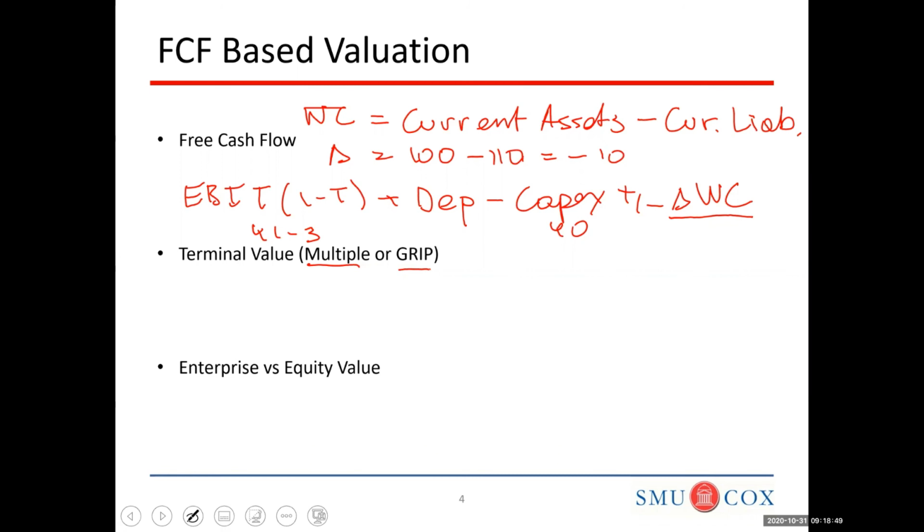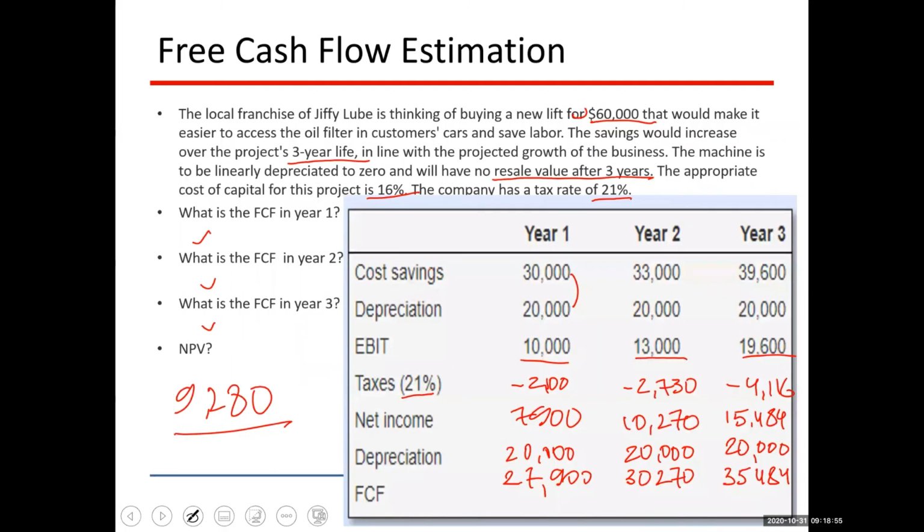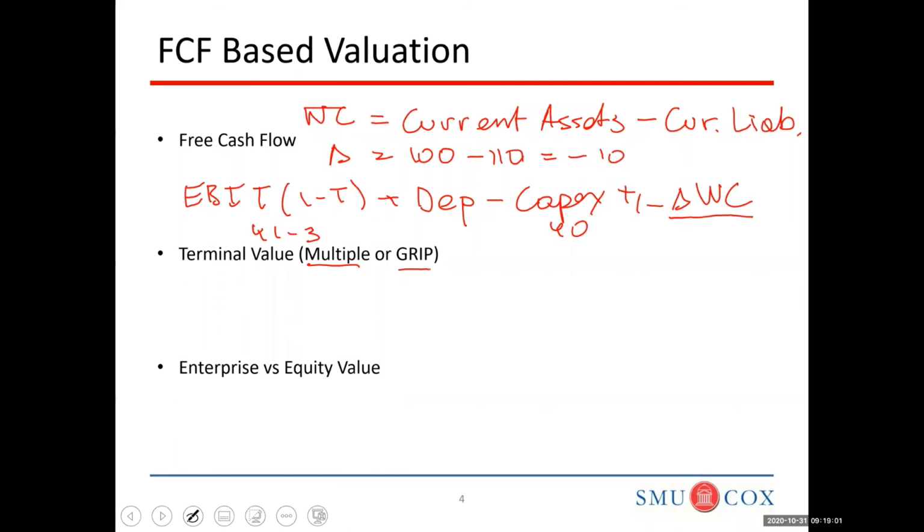So the reason I talk about it here is that if you look at the kind of example like this, where you have few years, year 1 to 3, we forecast free cash flows for a limited number of years, 5 years, 3 years, sometimes 10. But on the other hand, there's this concept that businesses are going concerns.